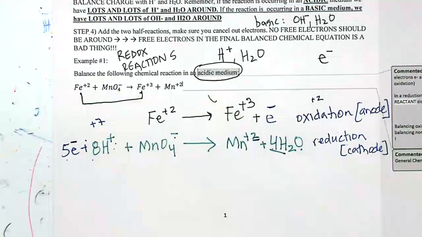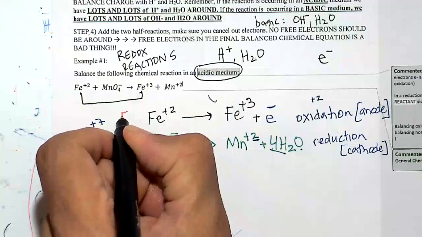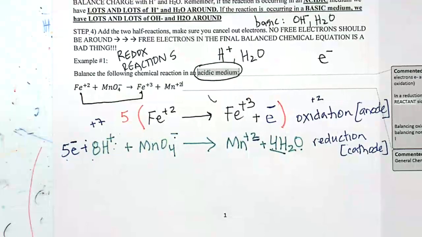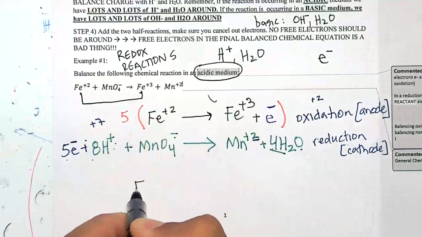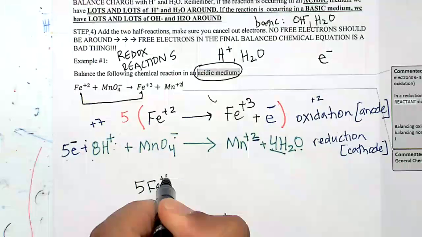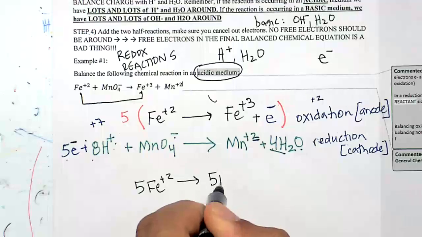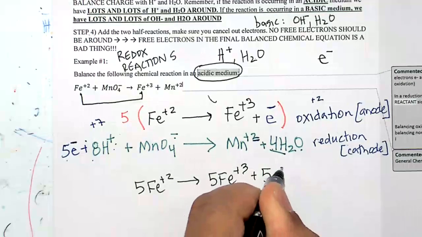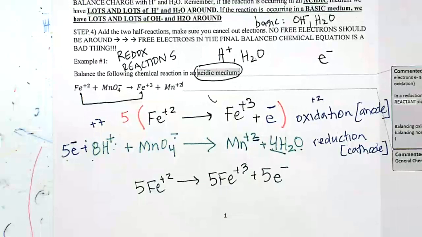So now we're ready to balance it. We'll cancel out the electrons. I'm going to multiply the top half reaction by 5 because we can't have electrons floating around. So when we do that, it's going to be 5Fe plus 2 goes to 5Fe plus 3 plus 5e minus.